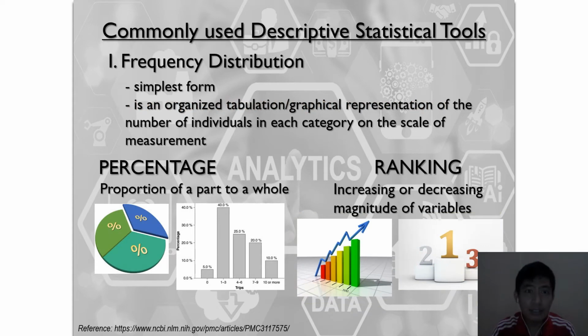The commonly used descriptive statistical tool, first, is frequency distribution. It's the simplest form. It's an organized tabulation of data, a graphical representation of the number of individuals in each category on the scale of measurement, some of which are the percentage or proportion of a part of a whole, or ranking, in increasing or decreasing magnitude of the variable.